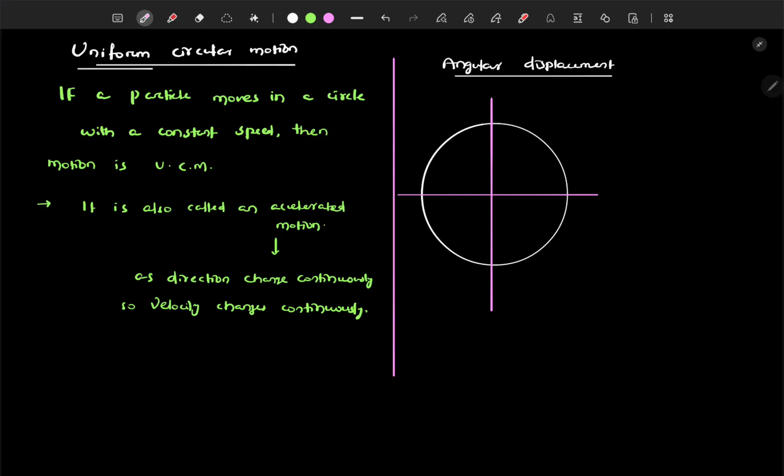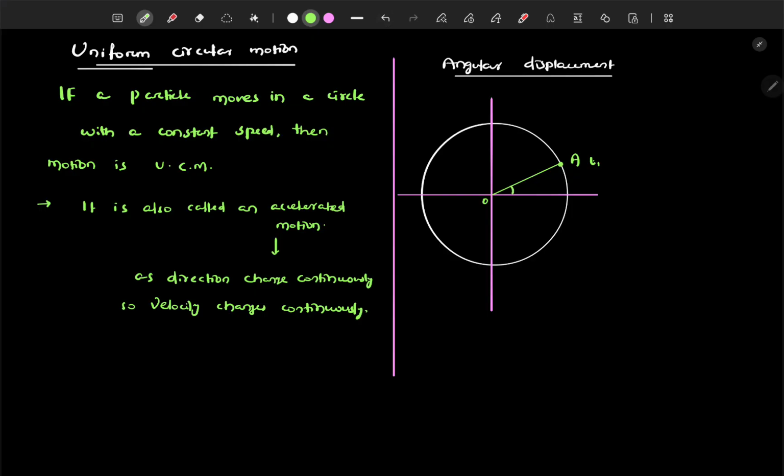Suppose the particle is at point A when time t is equal to t1. With respect to center O, let the angle made by its position vector be theta 1.